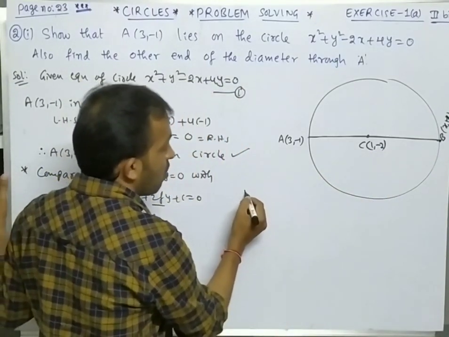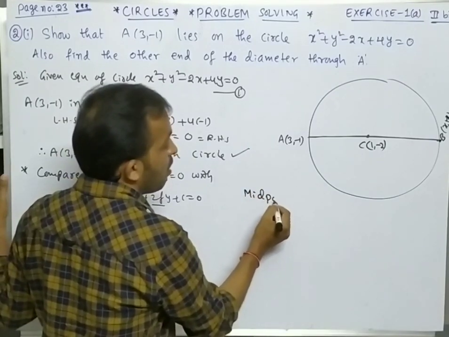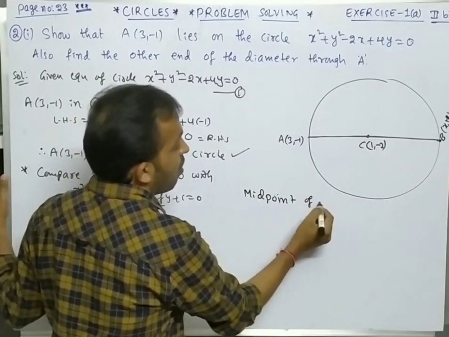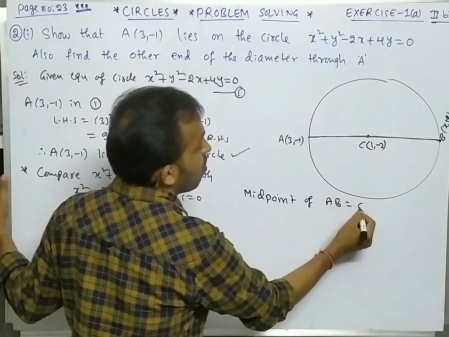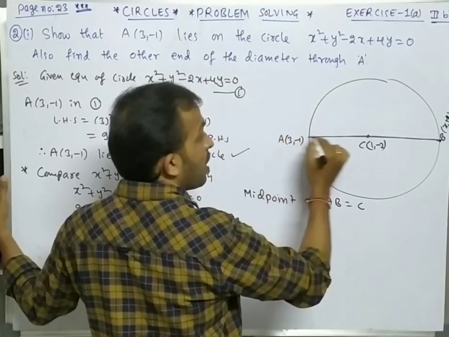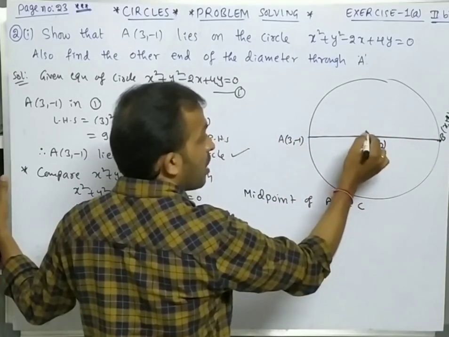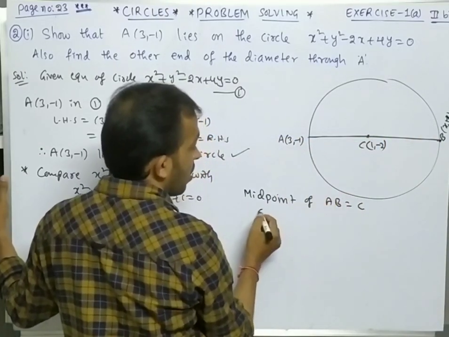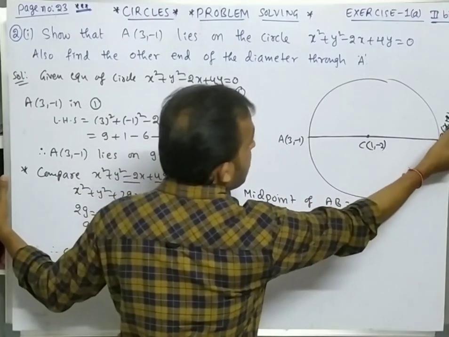Now the midpoint of AB is equal to C. Midpoint of AB is C means the diameter AB passes through the center. The center is the midpoint of the diameter. So what is the midpoint of the diameter? Let B be (x, y).